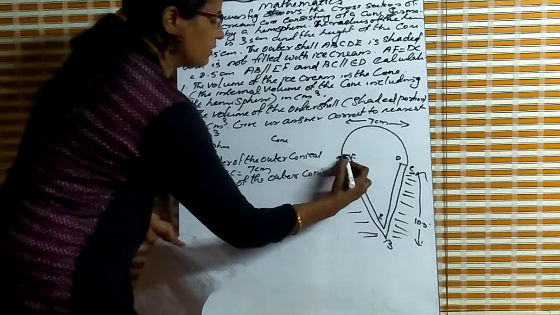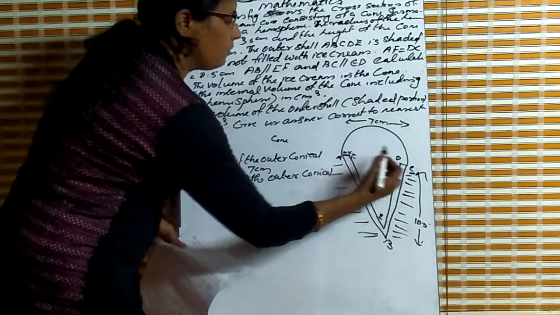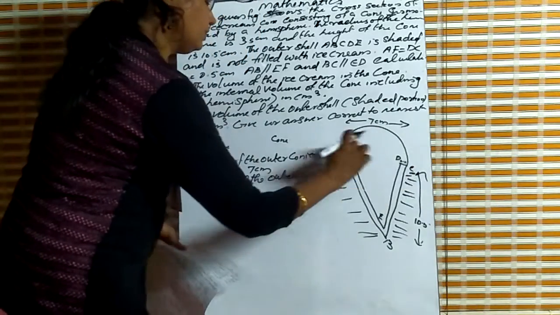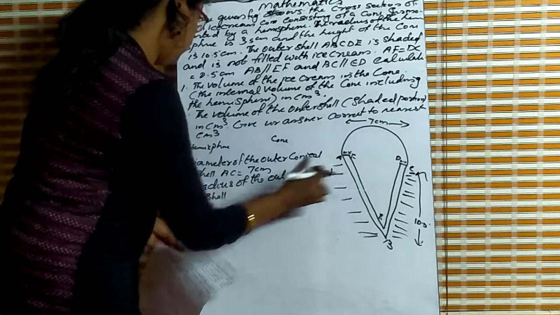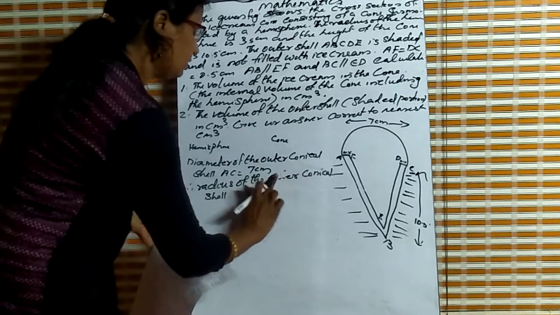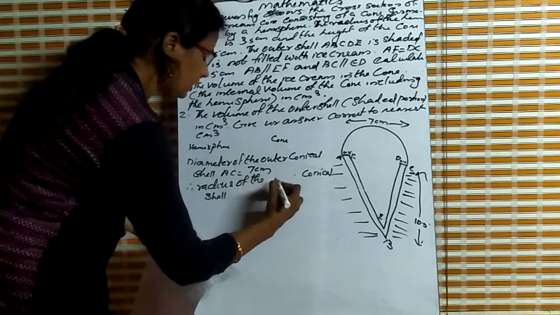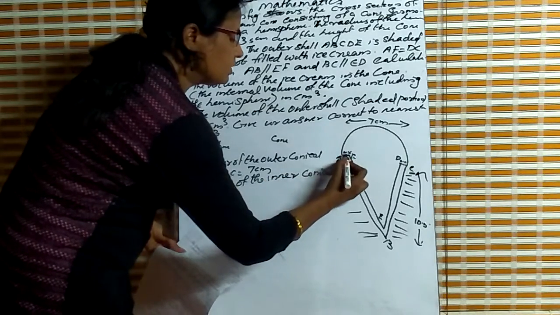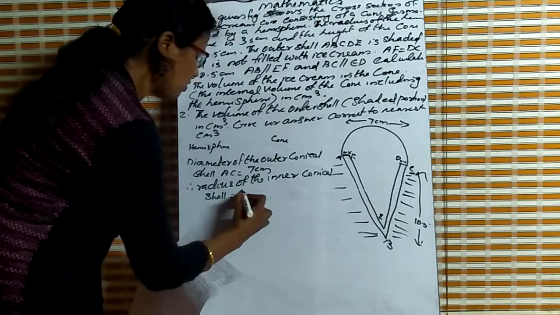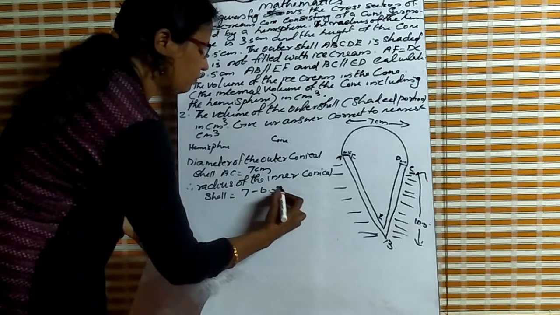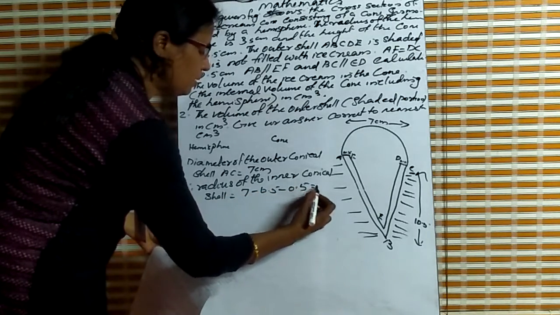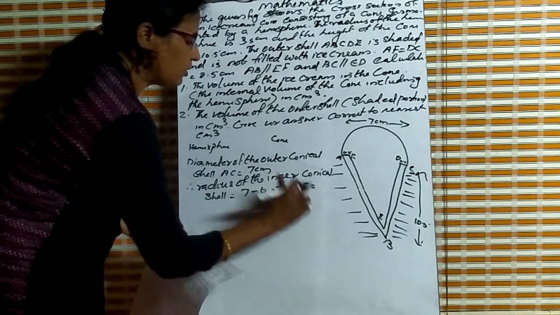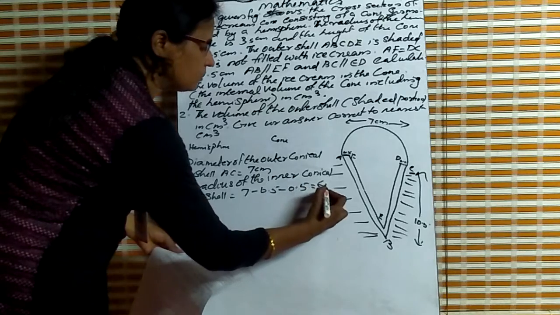Sorry, this is 7, and the thickness of this is 0.5 and this is 0.5. The diameter of the outer is 7, and for the inner conical shell, this is 0.5, this is 0.5. So 7 minus 0.5 minus 0.5, that is 7 minus 1, 6.